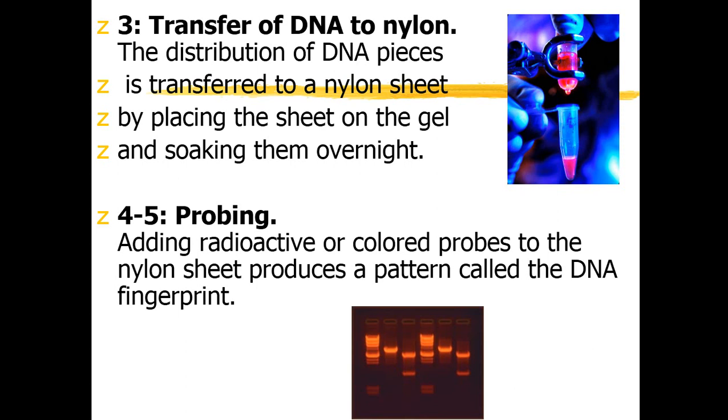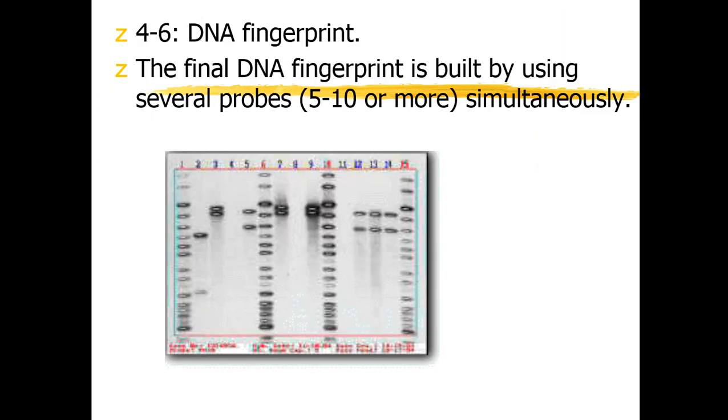Radioactive or colored probes are added to the nylon sheet, which produces a pattern called the DNA fingerprint, which looks like this. The final DNA fingerprint is built by using several probes, sometimes 5 to 10 or more simultaneously. This is the DNA fingerprint which you get after the complete procedure.